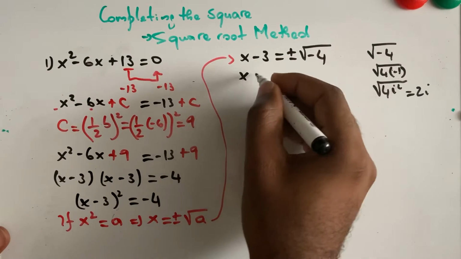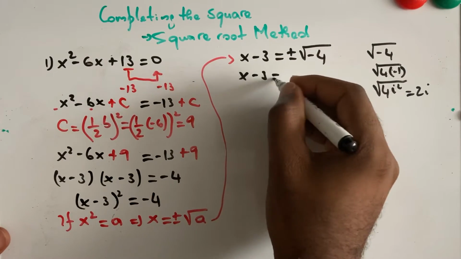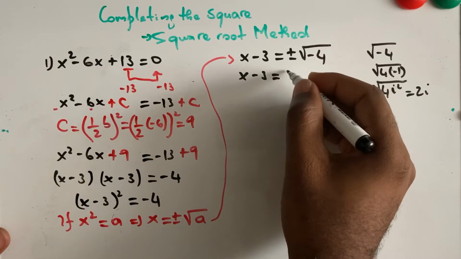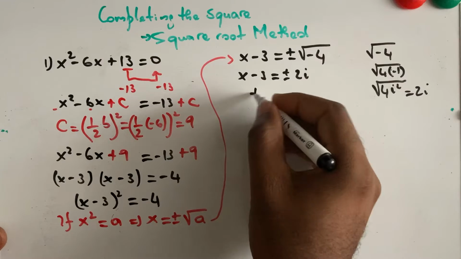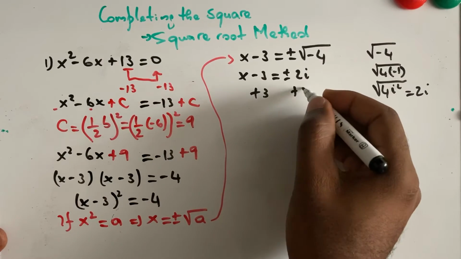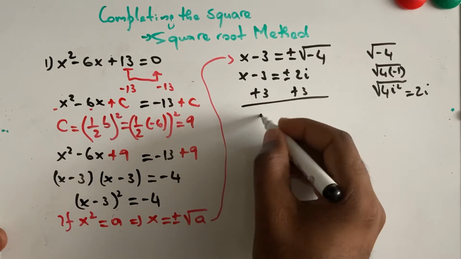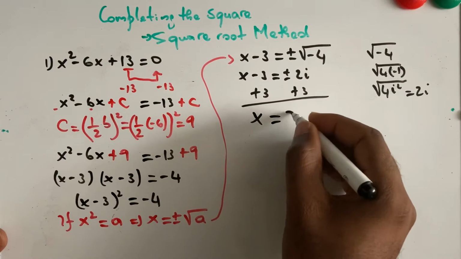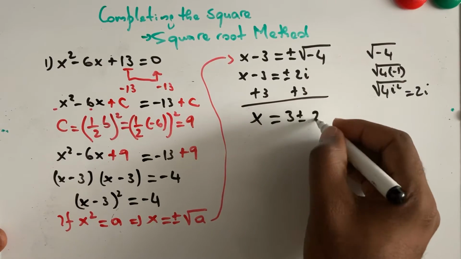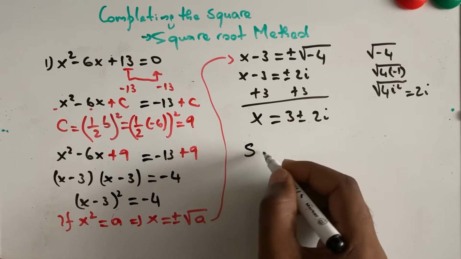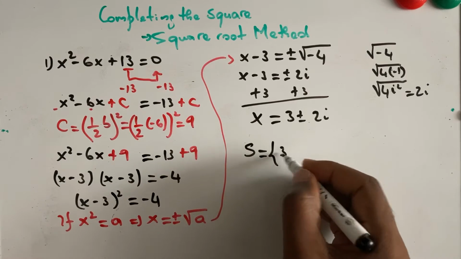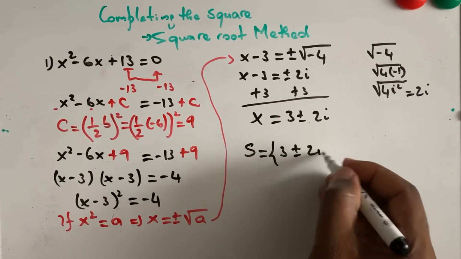So I have x minus 3 equals plus or minus 2i. And I have to add 3 to both sides. Therefore, x is 3 plus or minus 2i. So it's a complex number. The solution is, in this case, 3 plus or minus 2i.